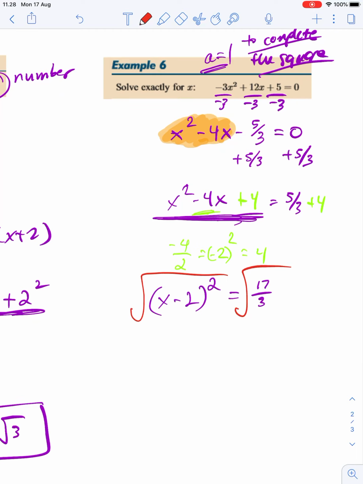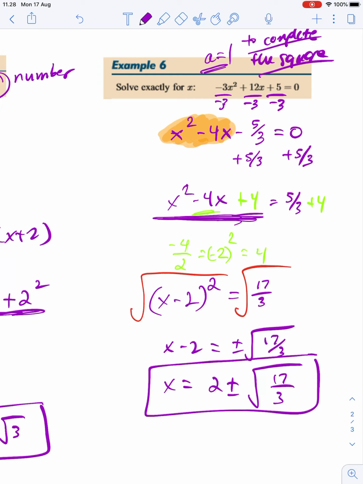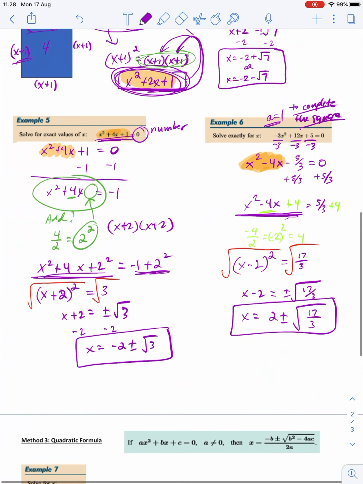Square root both sides, and then I have x minus 2 equals plus or minus the square root of 17 over 3. So x equals 2 plus or minus the square root of 17 over 3. There's a quick review of how to complete the square to solve quadratics.